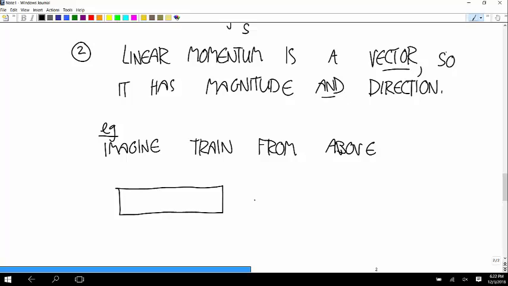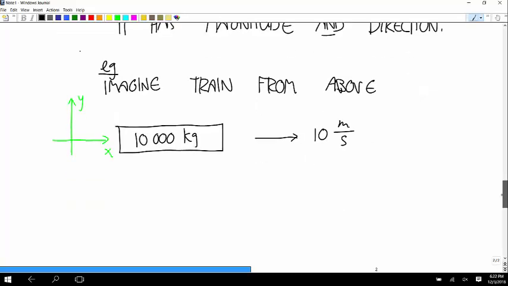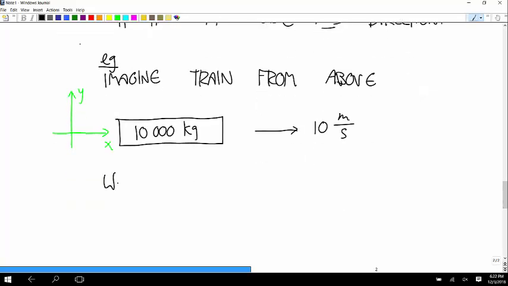Let's say it's going this direction with a speed of 10 meters per second, and let's say that it has a mass of 10,000 kilograms. And let's say that we're using a coordinate system like this. What's the linear momentum of this train car?